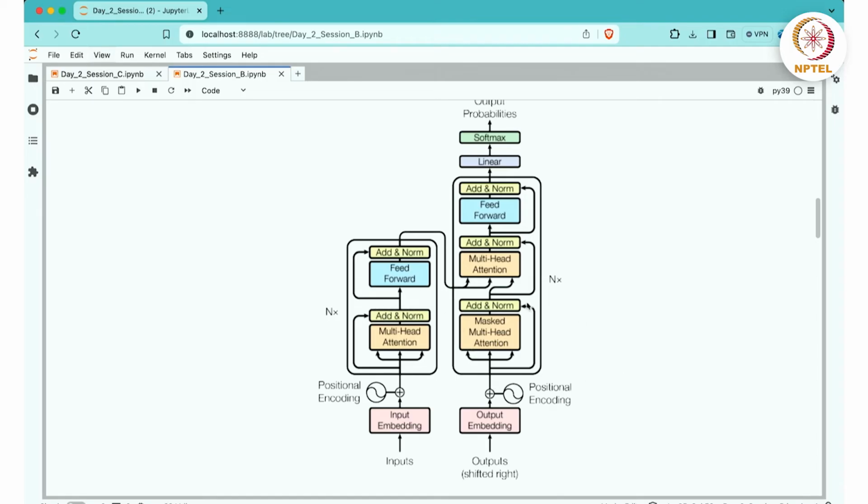Every block has a residual connection, which provides the standard benefits: your gradient can be passed on through this path also, so there is no vanishing gradient in longer networks. So you add and normalize, and then you pass it again to a feed forward network, which is a normal two dense layer network block, and then this again happens, and this entire process repeats n number of times, and that is what we call your encoder block.